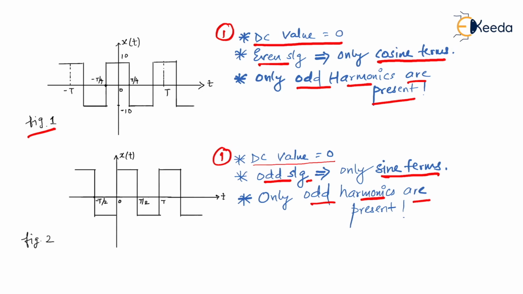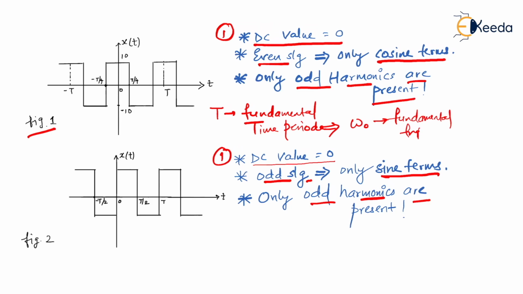It is periodic with respect to time period T. If I assume that T is the fundamental time period, then omega naught, given as 2 pi by capital T, is called the fundamental frequency. Then odd harmonics means we will get frequencies like omega naught, 3 omega naught, 5 omega naught, 7 omega naught, and so on.